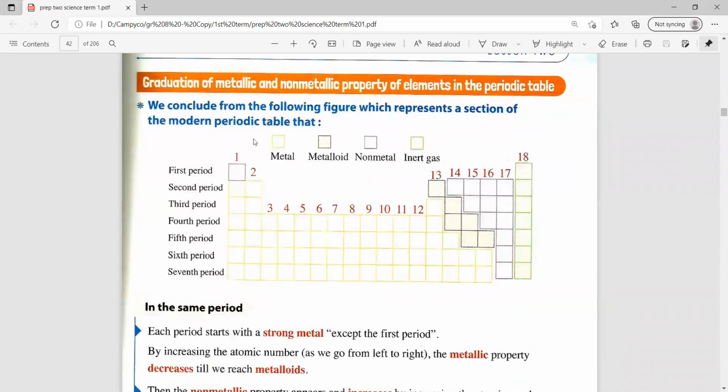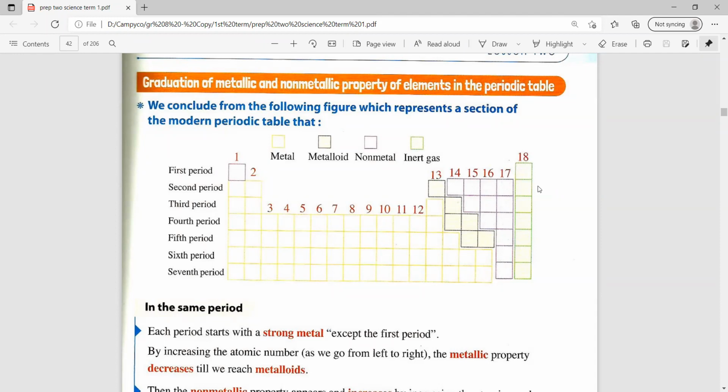Where is the strongest metal? On the left. So you mean in group 1A, right?